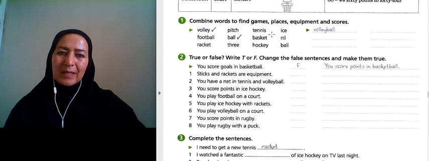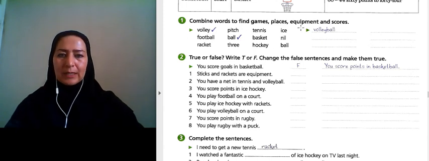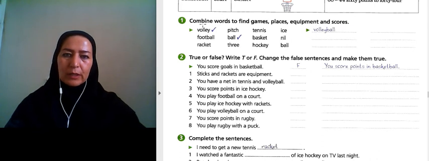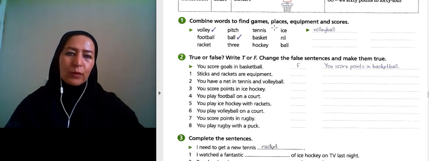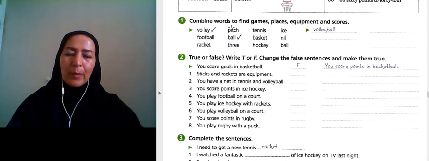Here, there are some exercises. You're going to look at the sentences, look at the exercises, and do them. The first one: combine words to find games, places, equipment, and scores. There are some words here. You're going to combine words.